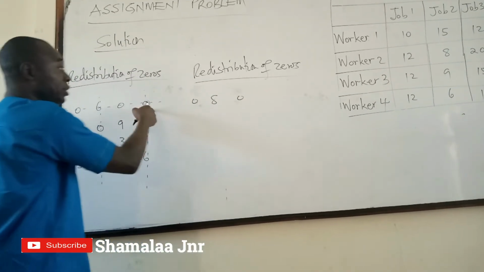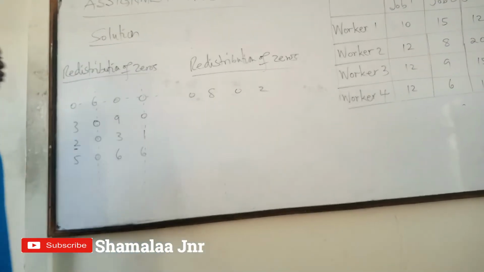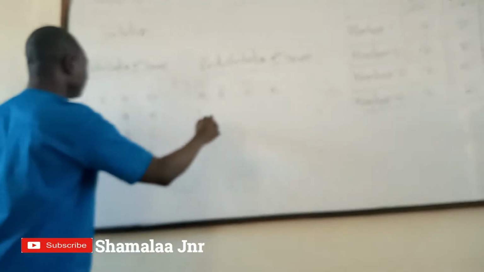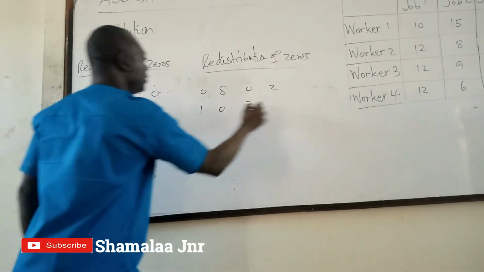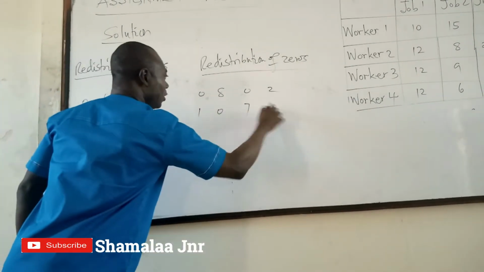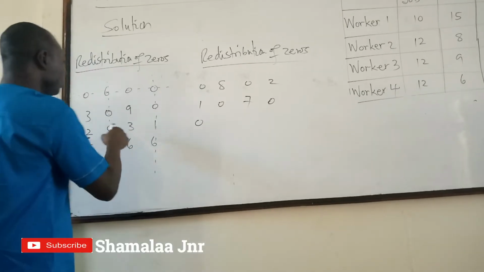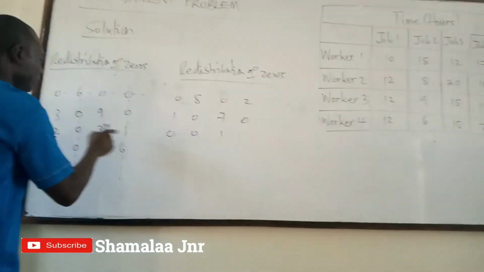This is a junction. So I've added 2 to 0 to make 2. 0 plus 2 is 2. The next one, I'm subtracting 2 from 3, 1, 0. Subtract 2 from this, 7, 0. But this is not a junction. 0, that's 2 minus 2. This is 0. 3 minus 2, 1.